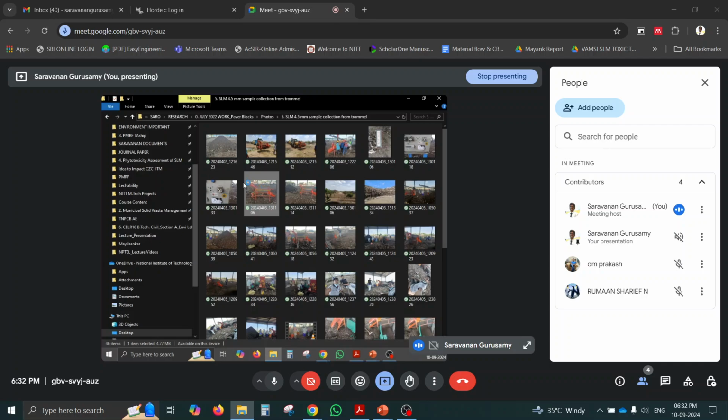So you can see the figure. This is around 35,000 that I purchased. It has a sieve size of 4.75 mm.